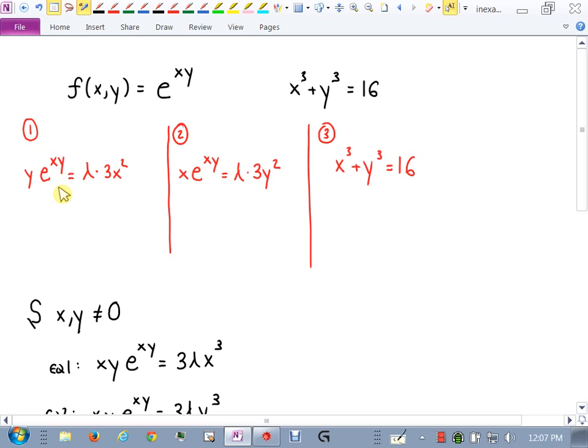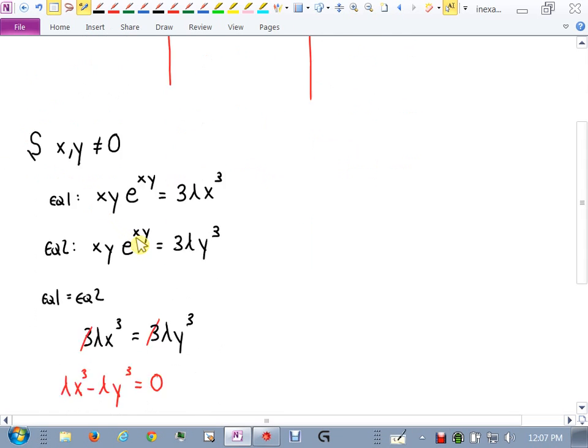All you need is the x and y to plug into the function, right? So you can kind of stop at this point. It's not that important. But a lot of times, we need the lambda to get the x and y. This just happened to work out where we didn't need it. All right.